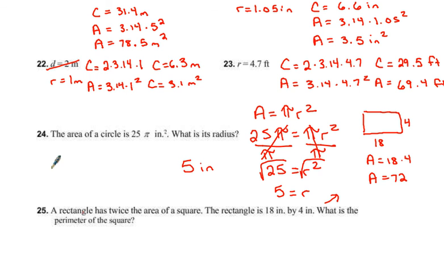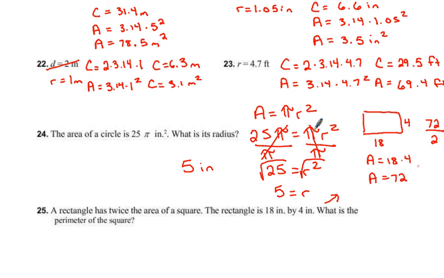It tells us that the area of the square is going to be half of that amount. So if we take that 72 and we cut it in half, that means that the area of our square is going to be 36. Okay guys, let's see if we can think about this. Here we go.